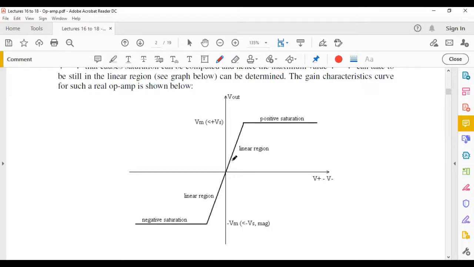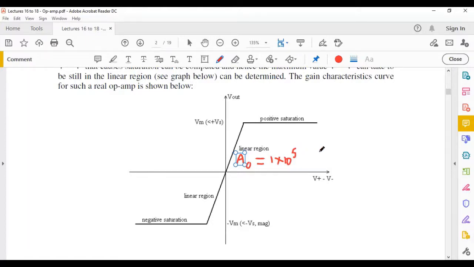The gradient of this line is going to be equal to the value of A naught. Even if A naught is not infinite, it's going to be a very large value, typically around 100,000. Imagine the gradient of a line which is 100,000: it is very steep. Here it is drawn for clarity, but typically this is very, very steep, because for a real op-amp, even if it's not infinite open loop gain, it's a very large value.